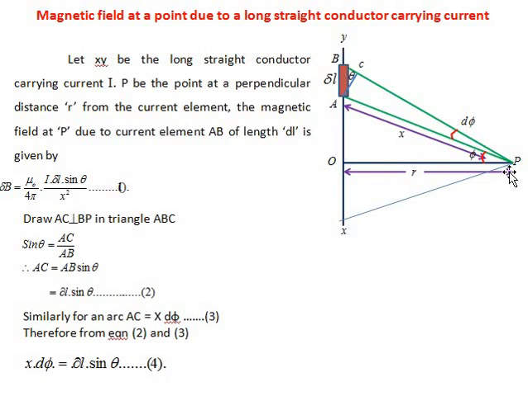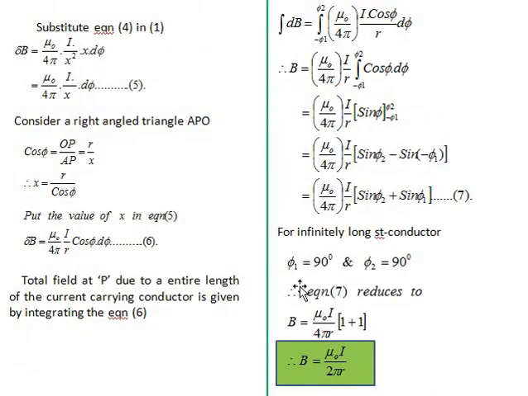Okay. So in that case, this phi angle approaches 90 degree. Therefore, phi 1 is equal to 90 degree and phi 2 is equal to 90 degree.